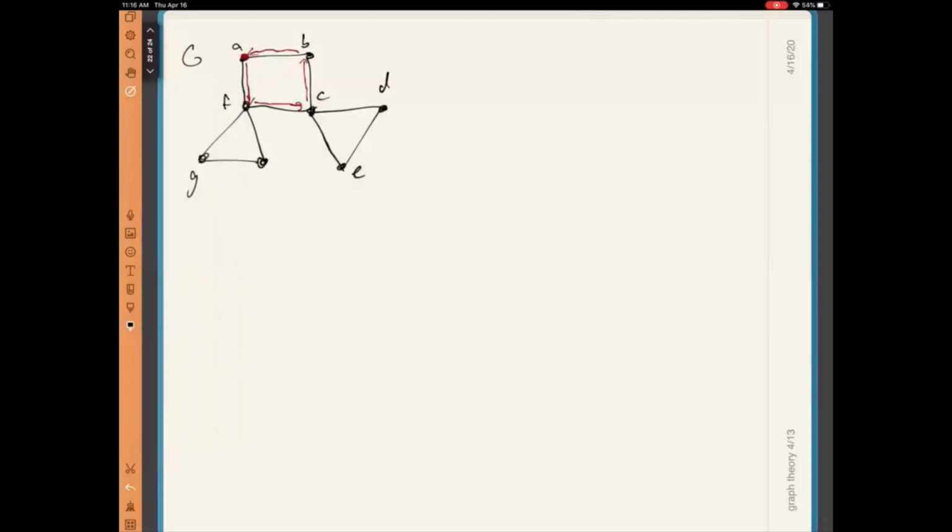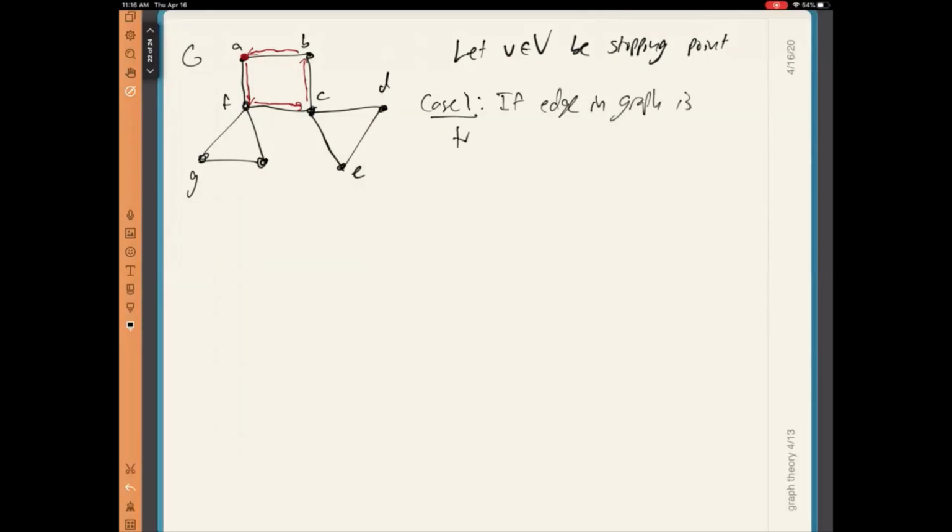Right, and so I'm going to let V in my vertex set be the stopping point. Well, there are a few cases to consider. The first case is, if every edge in the graph is traversed and V is equal to A, well, then we're done, right? From the picture that I just drew, you can see that this doesn't necessarily happen, right?